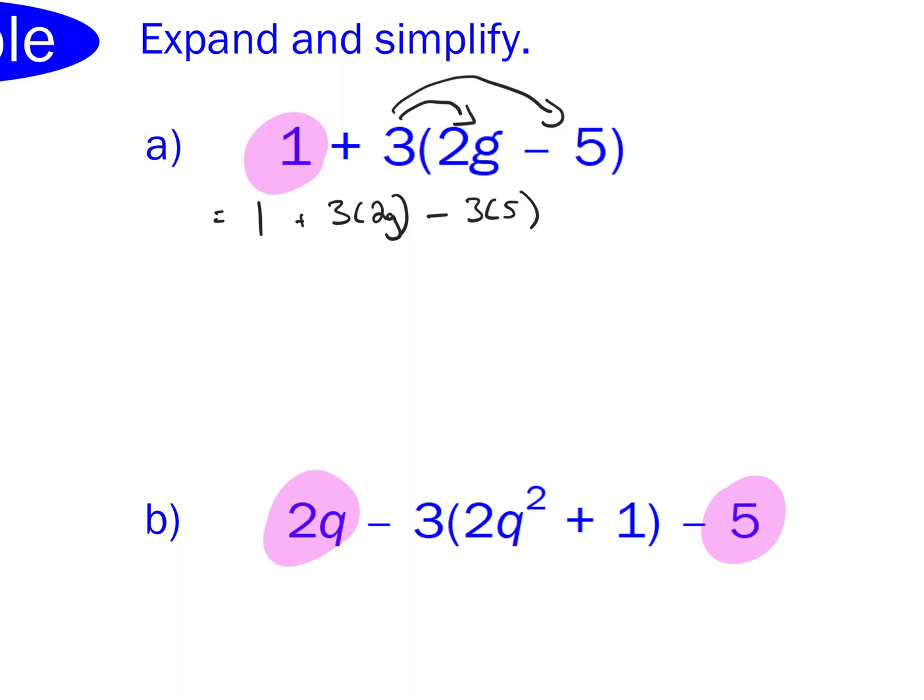So because we have some terms all by themselves, we'll have some extra simplifying that needs to be done that we have not had to do yet so far in this lesson. The 1 is still 1. It's waiting for us to figure out what we get when we expand that bracket. 3 times 2g is what? 6g.